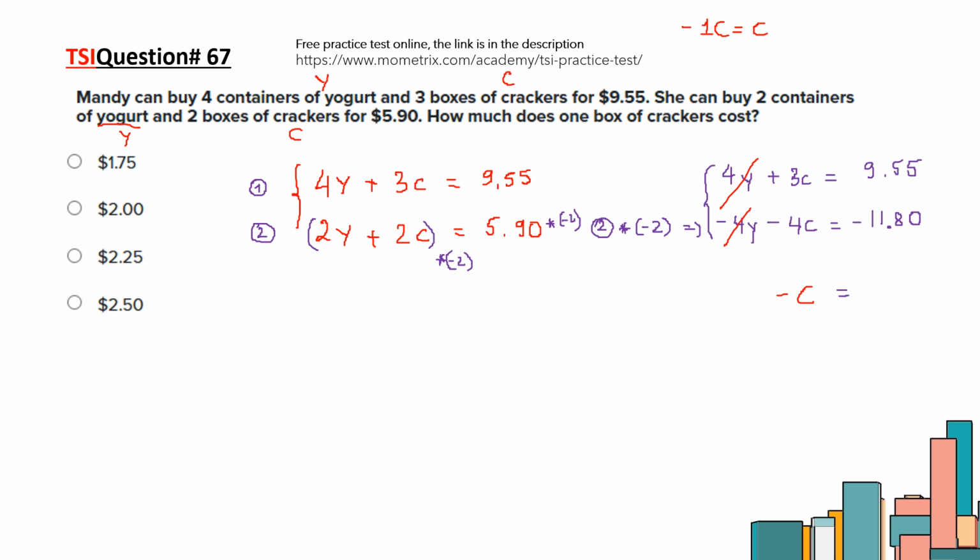If we have the negative in front, just put the negative in front. Now on the right hand side, negative 11.80 is a bigger number than 9.55, so the result will take the sign of the bigger number. Now we take the difference between 11.80 and 9.55.